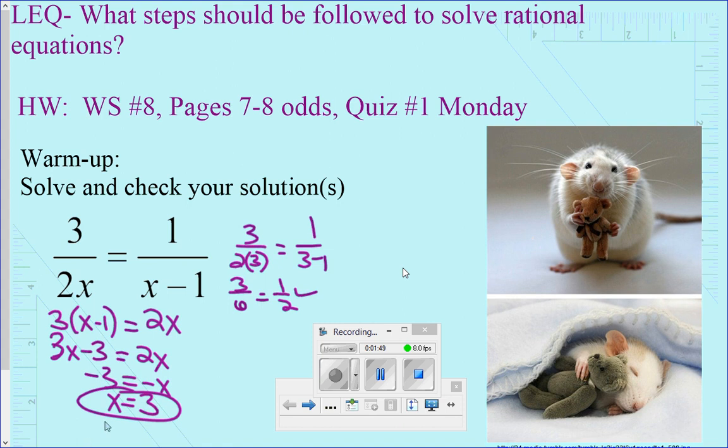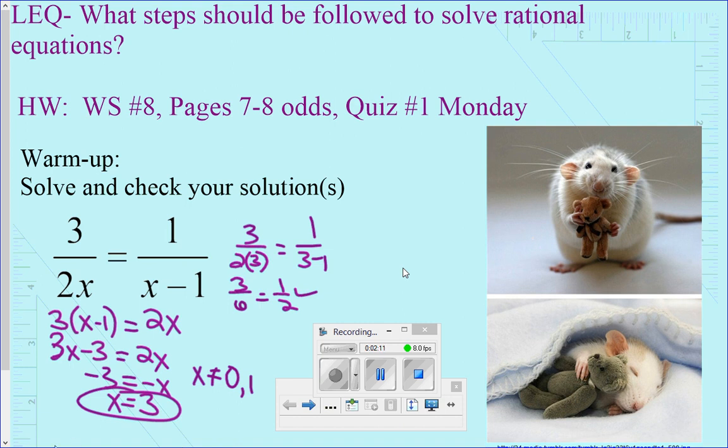So really, if you just figure out what the domain restrictions are, which in this case x cannot equal 0 or 1, and make sure that your solution is not on that list of domain restrictions, then you can be certain that value would work.